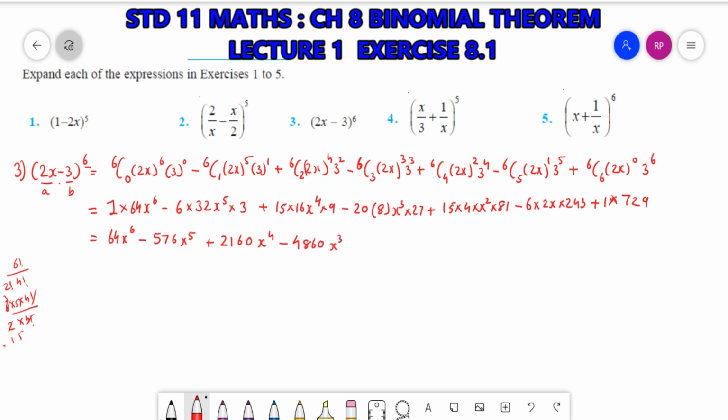You can calculate directly by calculator. Sorry, there is a mistake. 20 into 8 into 27, 20 into 8, 160, this will be 4320.